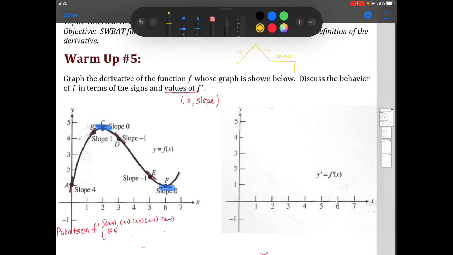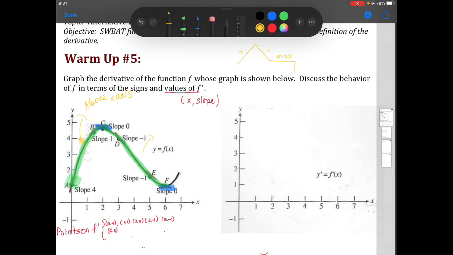So here, I already know from point A to C, I'm going to use a highlighter, that my graph is increasing. If the graph is increasing, those points will be above the x-axis. From C to F, slope is negative, it's decreasing.